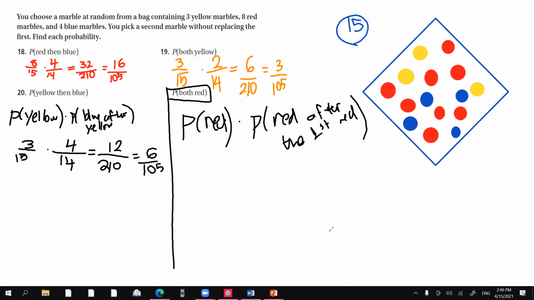Now, what is the probability of getting red? 8 over 15. Here we have 8 only over 15. Now, after I took the red, we have only 7, so 7 over 14, times 6 over 13, which is 15 over 210.